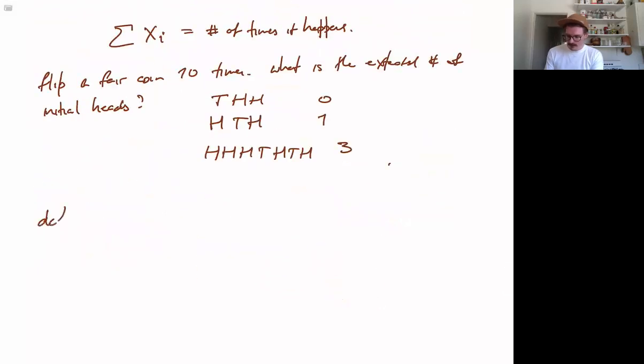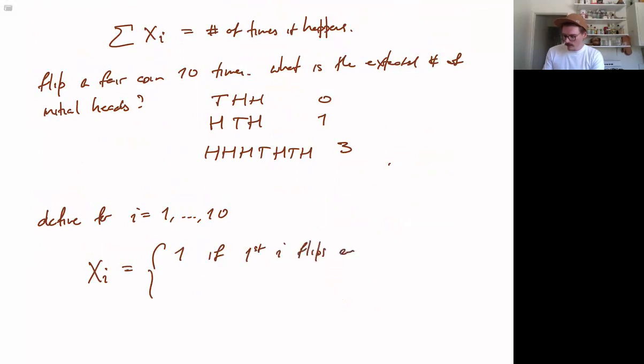Define, for i equals 1 up to 10, xi is 1 if the first i flips are all heads and 0 otherwise.